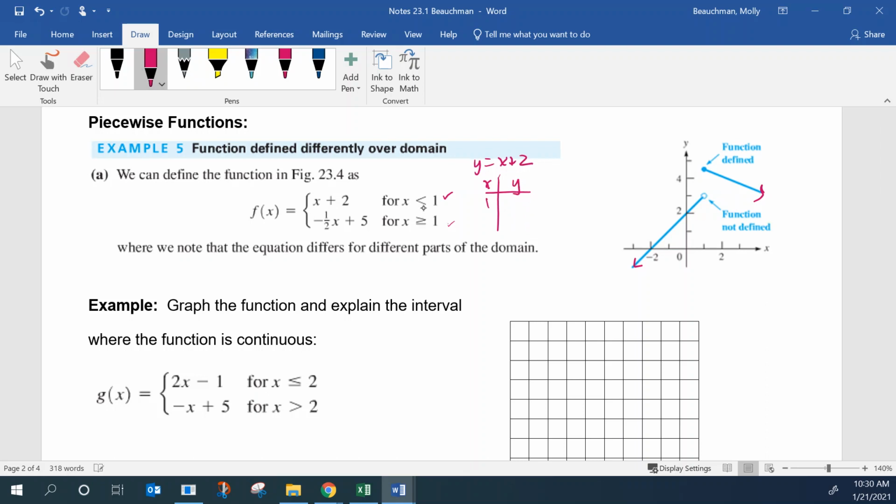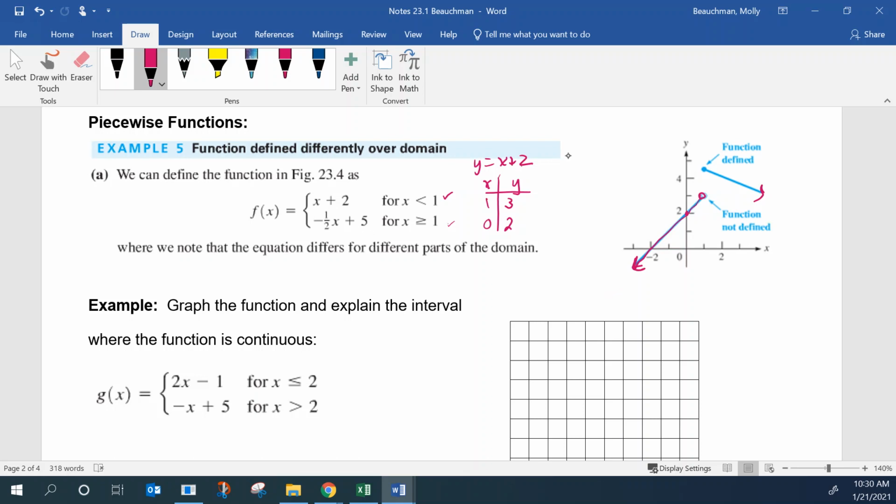And then x is less than 1, so I'm going to pick another number less than 1, 0. If I substitute a 1 in the function, I get 1 plus 2, which is 3. Substitute a 0, 0 plus 2 is 2. Then my function has an open circle at 1, 3. Another point on my function is 0, 2. Connect those two, and there's our straight line.